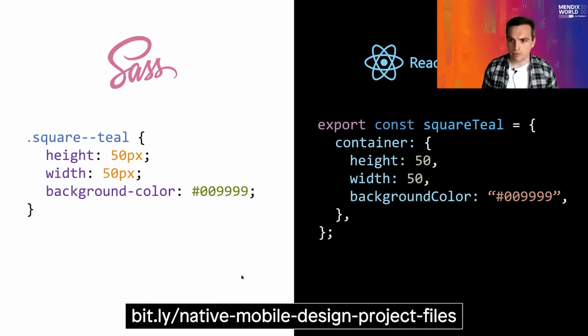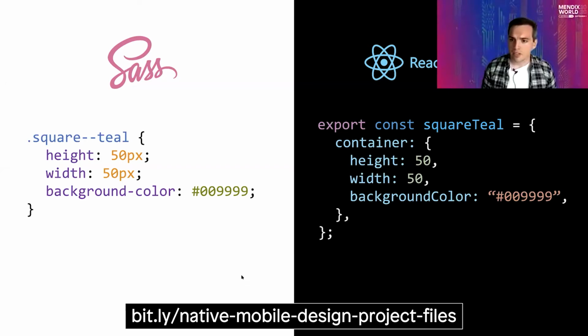But there are a few minor exceptions here and there. One of the ones that you might notice is that for background color, that style attribute, there's no hyphen. There's a capital C instead of a lowercase c. So every style that we write in React Native, we write in camel case without any intervening spaces or punctuation.